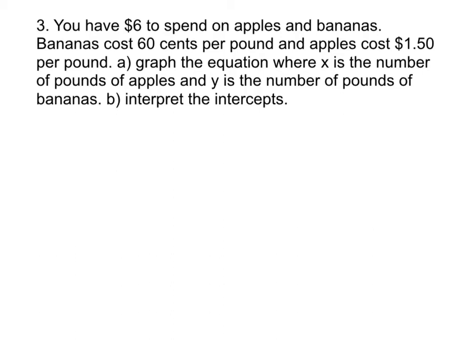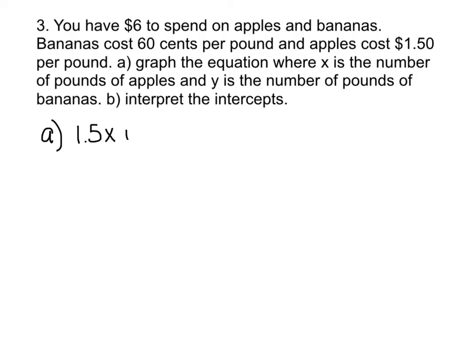The first thing you do is just write an equation. So A, so easy. X is the apples and y is the bananas. So x goes first. How much do apples cost? Apples cost $1.50 per pound. So $1.50 is 1.5x because that's apples.